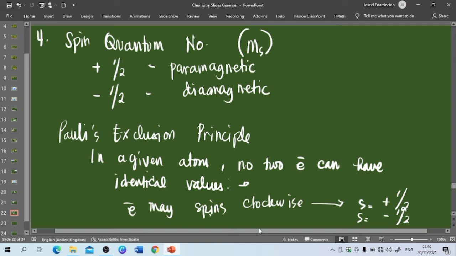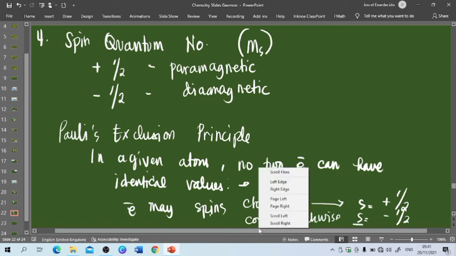If it spins counterclockwise, meaning to say the s here is -1/2.